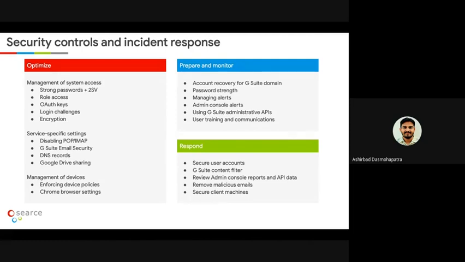We always recommend applying all G Suite email security settings. And DNS records: we have SPF, DMARC and DKIM records. We can apply these records in DNS so your identity cannot be stolen and no one can send email spoofing your domain. It will protect your ID.